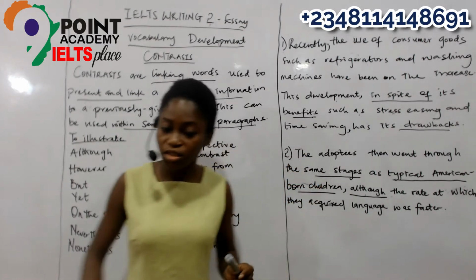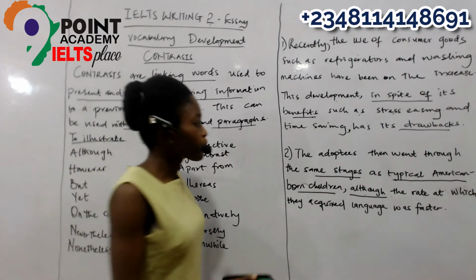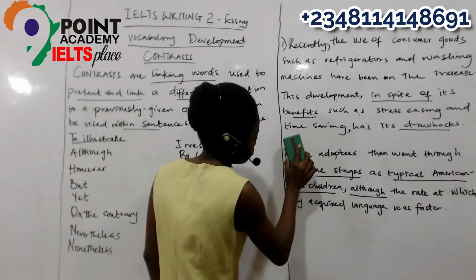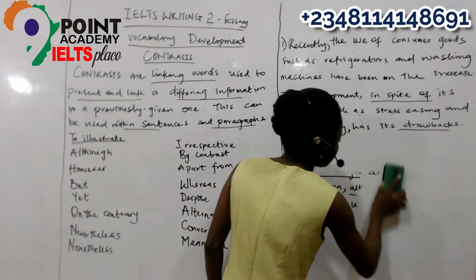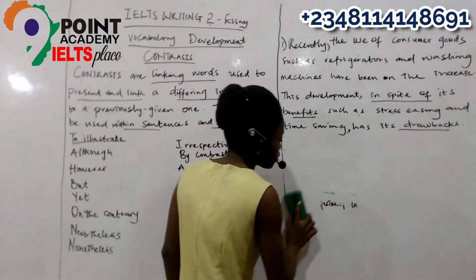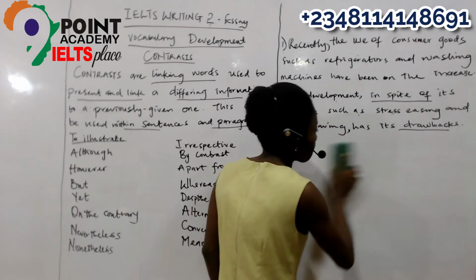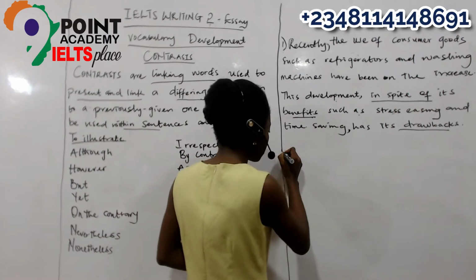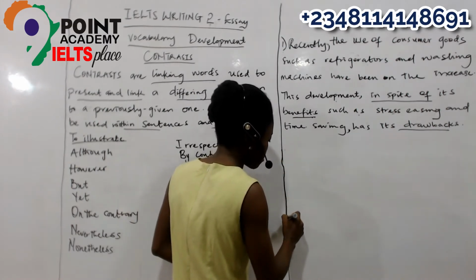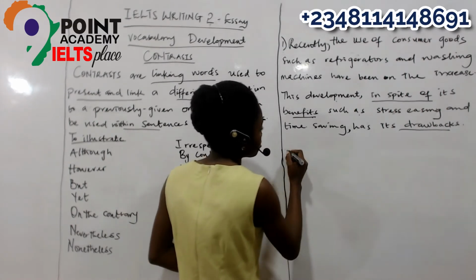Now, there's one other thing you need to note when you are writing. Okay, when you're writing and you need to use the contrast in between. As I mentioned earlier, you need to use a comma to differentiate the contrast.